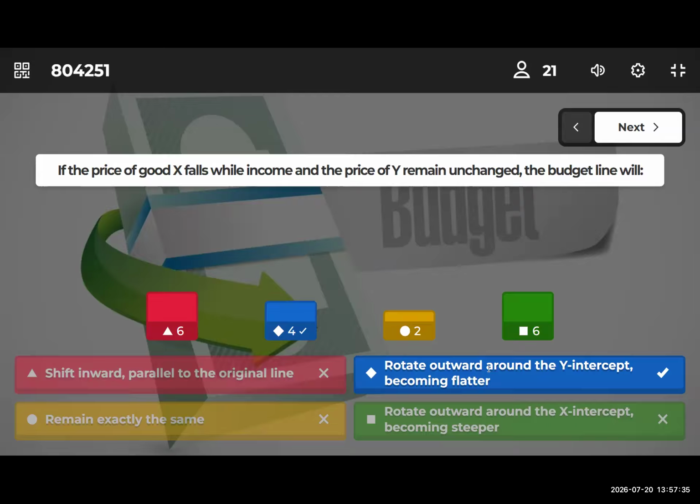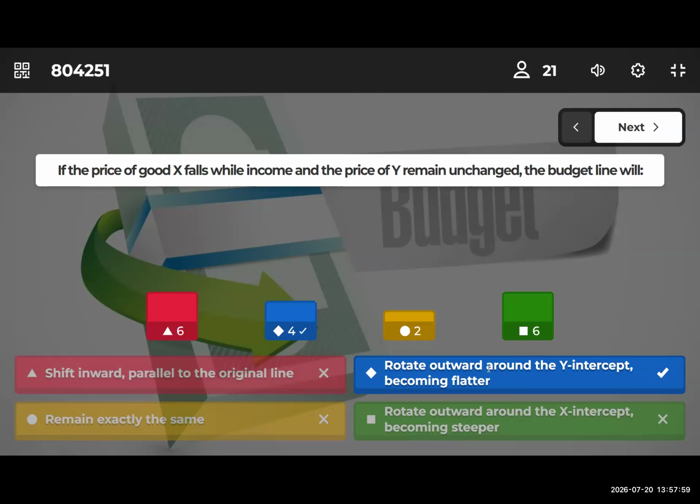Here, the price of good X falls. That means the consumer can buy more X, right? Before, this is the budget line. More X means the budget line is going to rotate outwards around the y-intercept, become flatter.